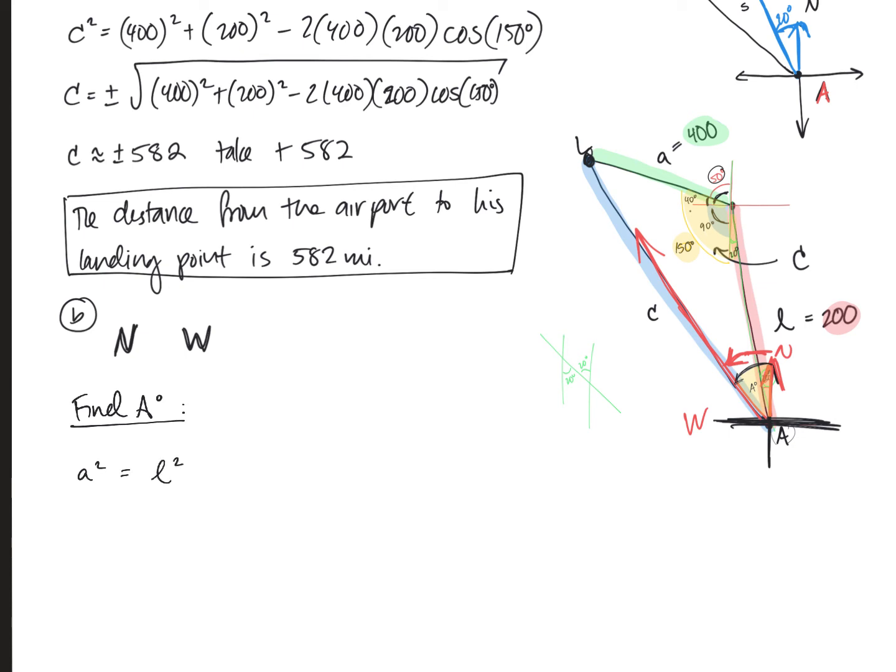We have L squared plus C squared minus 2LC cosine of, and we're trying to find A, so big A. Once again, the angle we're trying to find, let me pick a different color here, is this angle right there for A. Okay, so we're trying to find that. What do we have, though? We have L, which is 200. And then C, we figured out, was 582.